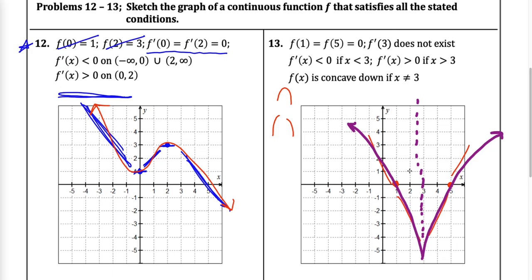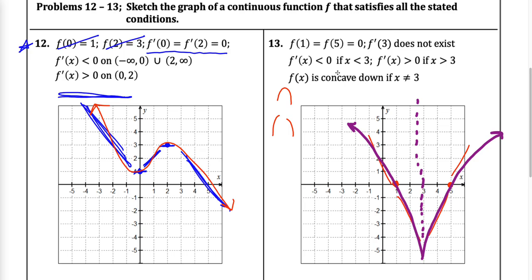I mean, I had you guys try it, but I wasn't even looking at the details ahead of time. The concave down part, does that only mean that going up to 3 from the left, the graph has to be concave down because the right side of the graph is not concave down? Or no, it is. Yeah, so this is kind of strange notation, even though it's right.